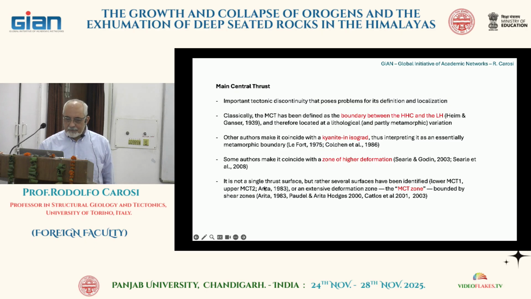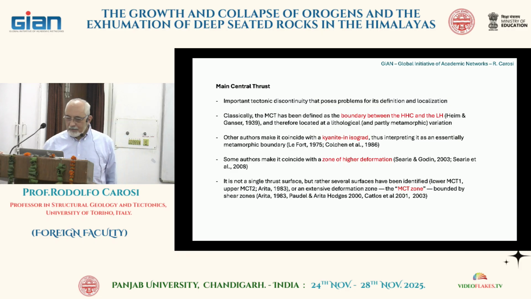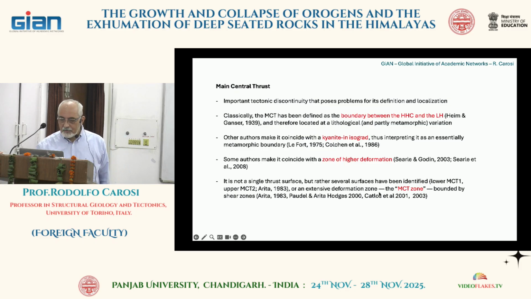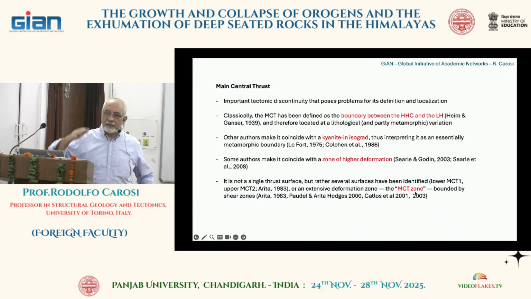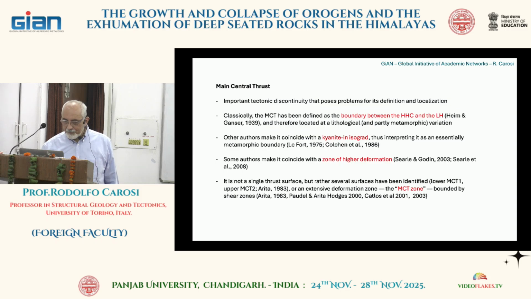More or less, the main central thrust is not a single thrust surface, but there are at least two main surfaces, an upper main central thrust and a lower main central thrust, that the Japanese colleagues, Arita, called MCT1 and MCT2, or it is an extensive zone of deformation that we call the main central thrust zone, because if you go from the higher thrust to the lower thrust, you find maybe kilometers of mylonites with no solution of continuity.